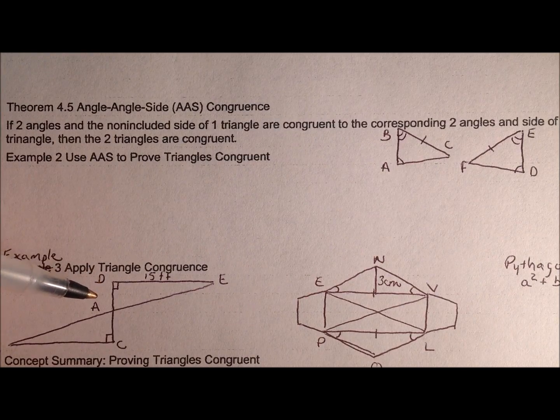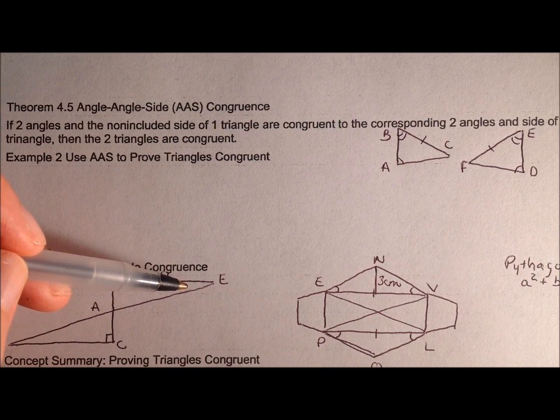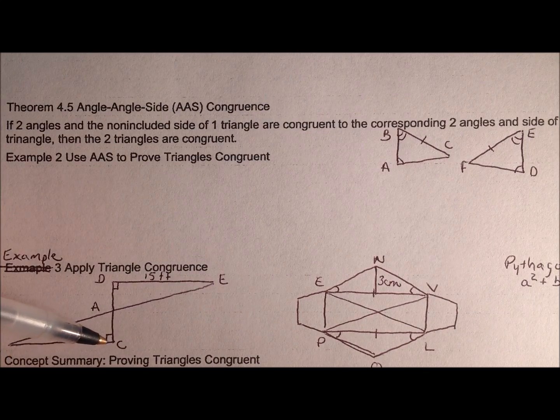The first figure here, we have two triangles. DE is 15 feet in this triangle, and DE and BC have this perpendicular line connecting them.